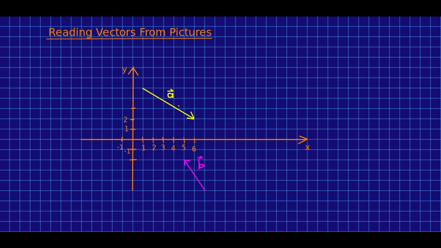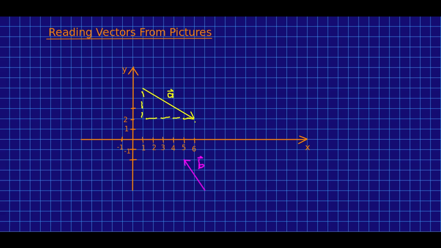Here are a couple of vectors, and here are some axes, and I haven't even put units on because perhaps these are abstract vectors. How do you read these vectors off of the pictures? Let's start with this a. This a is defined by two components, and I'm going to draw what they are here and here.